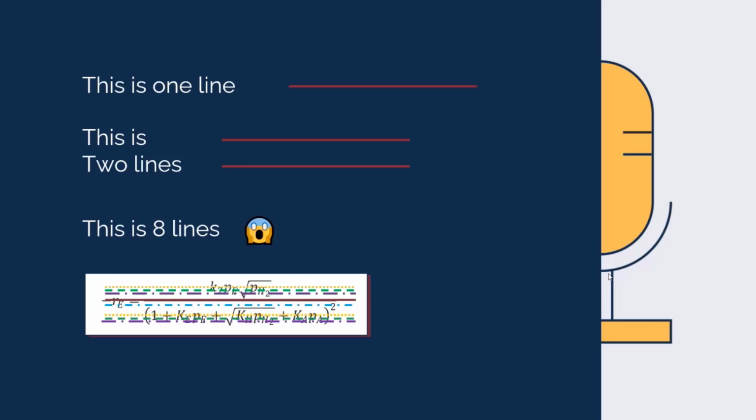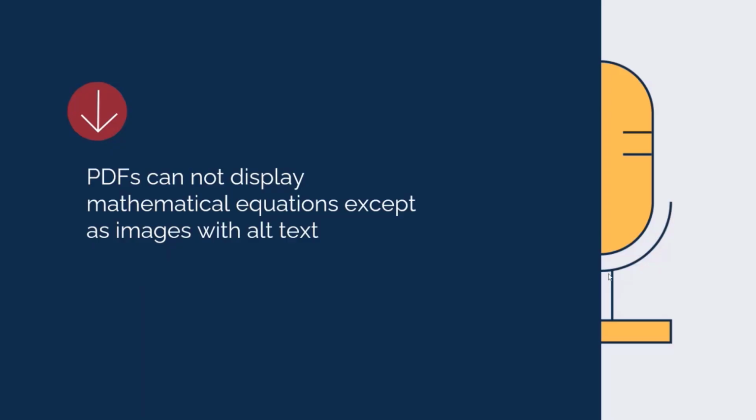It's expecting a language, an English, a French, a German, Afrikaans, whatever. So if we think about PDFs, which are one of the major ways of publishing literature, it doesn't really display mathematical equations unless you place in an image and you put alt text. Very clunky process.